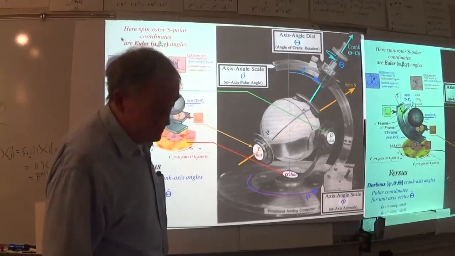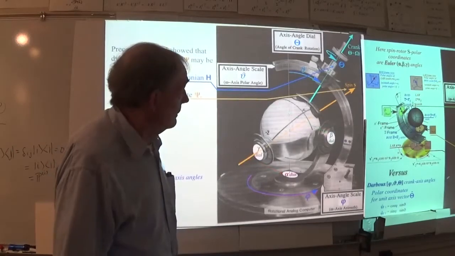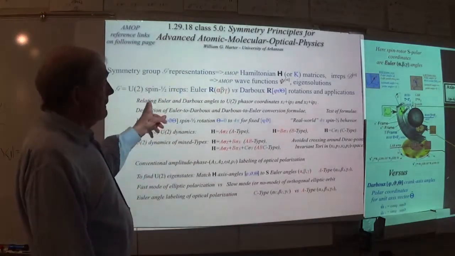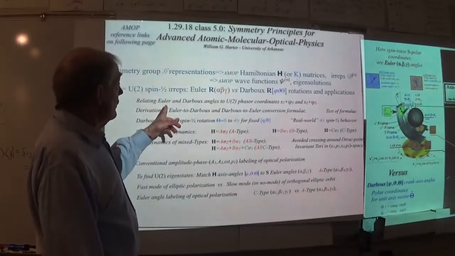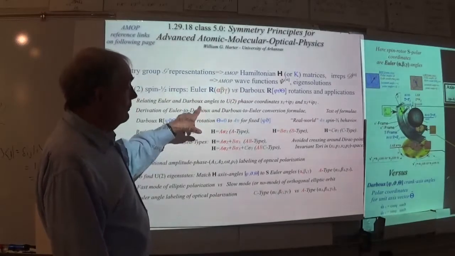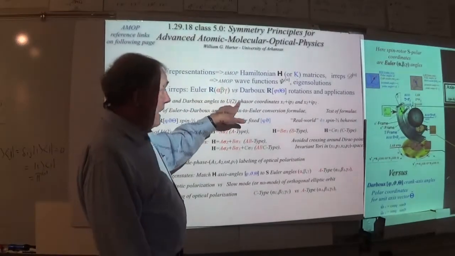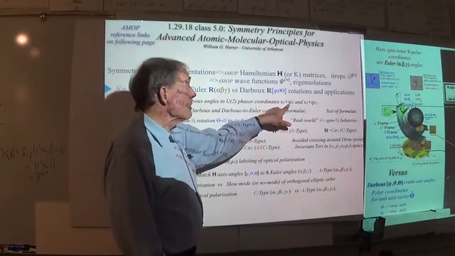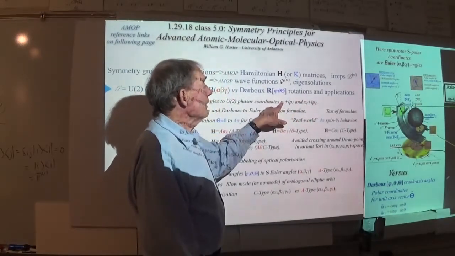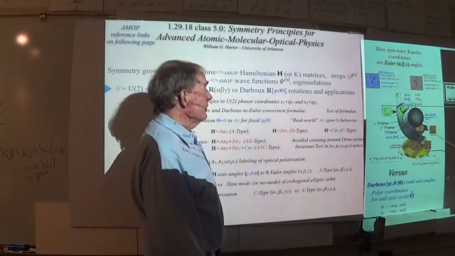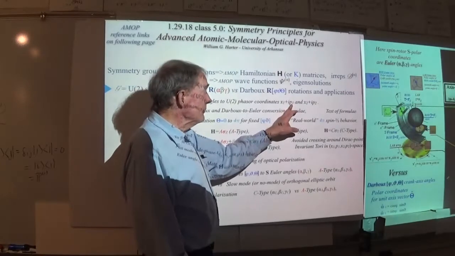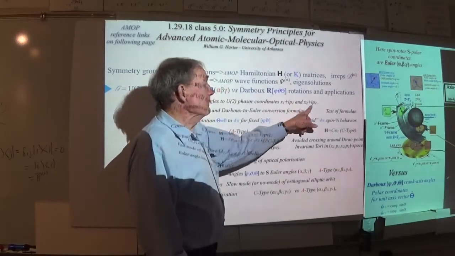If I can just back up a little bit here to show what it is I want to do. First of all, I want to relate these two kinds of angles, the Euler angles and the axis angles from geometer Darboux, and the connection to a four-dimensional object, that is the complex amplitudes of the two-state system, psi1 and psi2, consisting of position and momentum in dimension 1 and dimension 2.